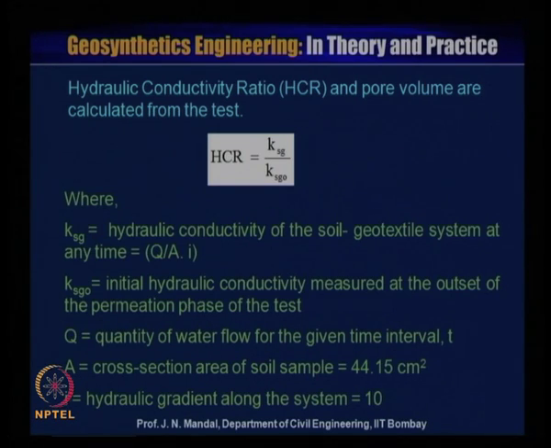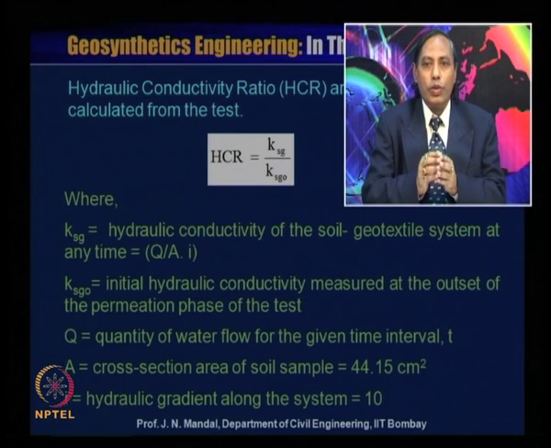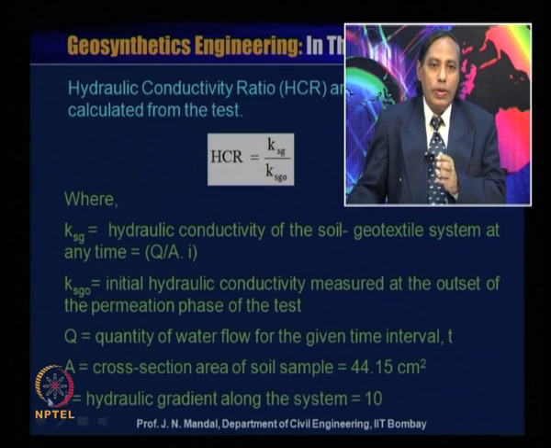So you know HCR is equal to KSG by KSGO, where KSG is equal to the hydraulic conductivity of the soil geotextile system at any time, and that is Q by A into I, where Q is the quantity of water flow for the given time interval T, A is the cross sectional area of the soil sample, that is 44.15 centimeter square, and I is the hydraulic gradient along the system, that is 10.